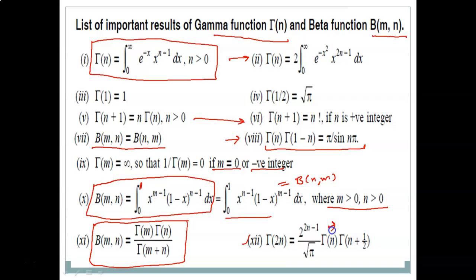In fact, this relation in general is known as the duplication formula. So these are some important results related to beta and gamma functions, and these results can be utilized in the problems where we have to deal with certain integrals.